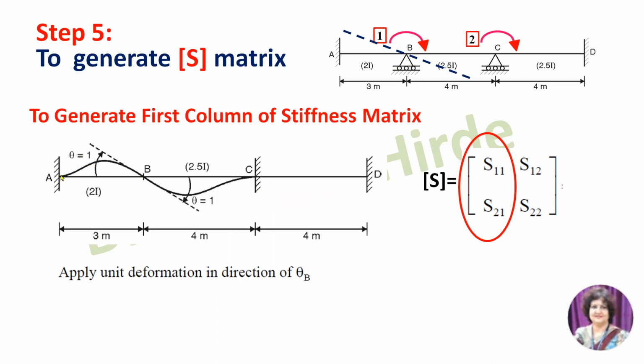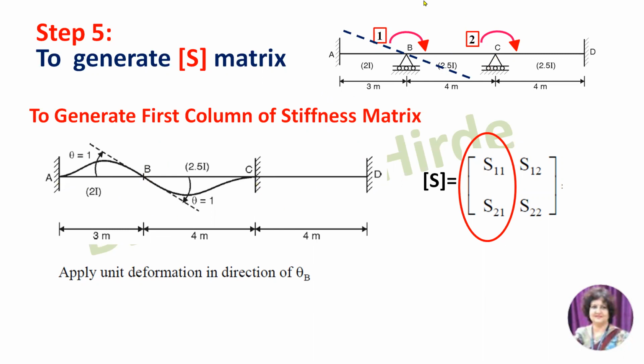Since there is fixity, here there is zero slope. When we calculate the stiffness coefficient, first of all, except at that joint, we consider fixity at all other joints. That means if you want to calculate the first column, that is at the first coordinate, then except for the first coordinate, all other supports are considered as fixed supports.